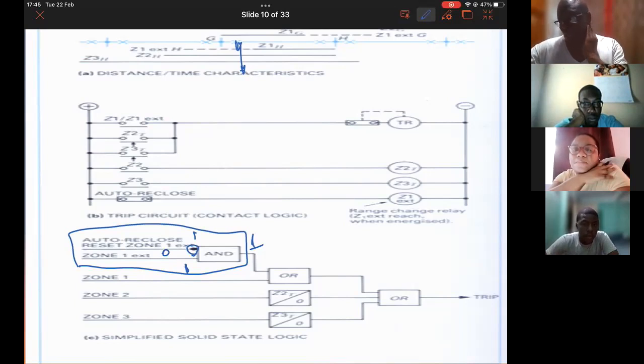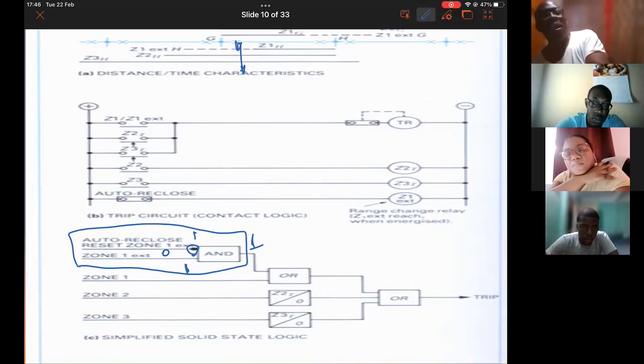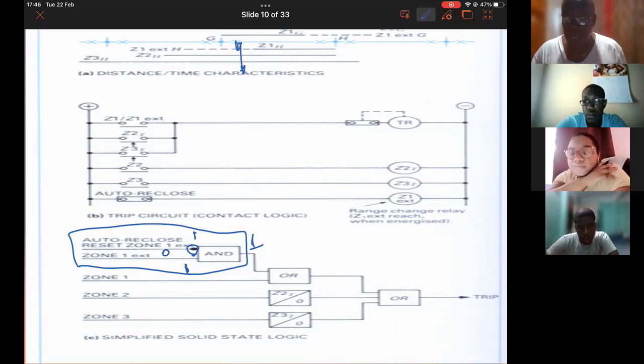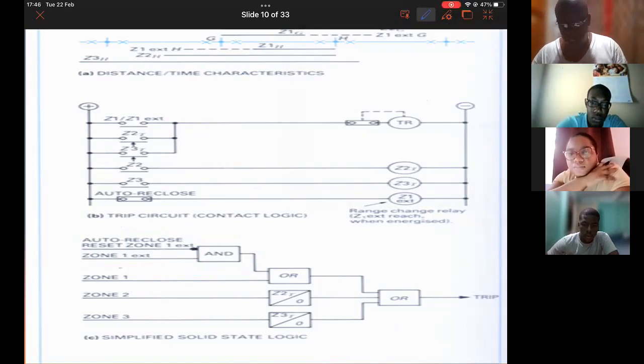One of the challenges when I teach this is to help students to understand that this figure that we are showing here represents what is happening at only one end of the line. So this is replicated at the other end. Are you with me? So work with me now. After the operation, you would have gotten that signal from the autoreclose.